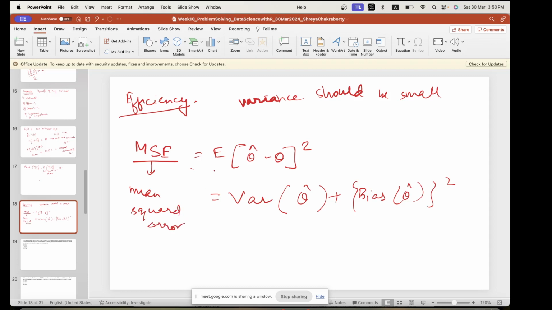Now it turns out that these behave in a very complementary manner. What I mean to say is that it is not always possible to control both variance and bias. If you want to minimize both simultaneously, that is not going to happen.